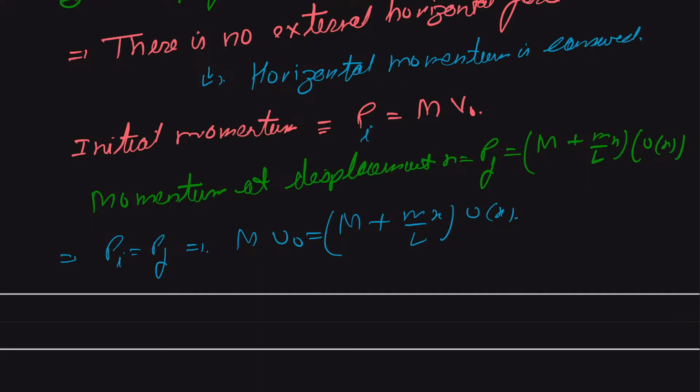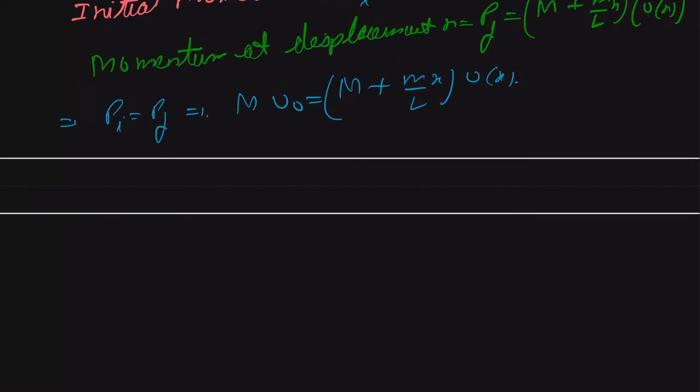From here we can easily find v of x: the velocity at the distance x will be equal to M times v naught upon (M plus m). This is the velocity at the distance x.